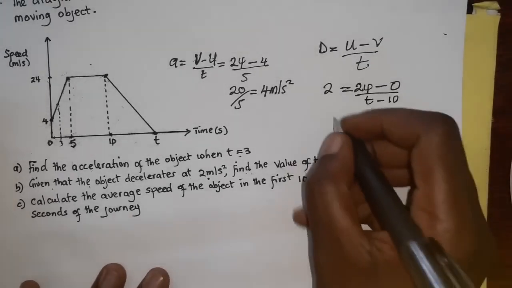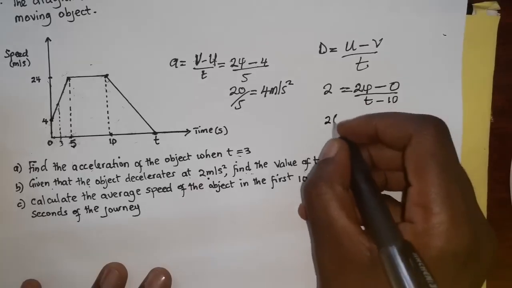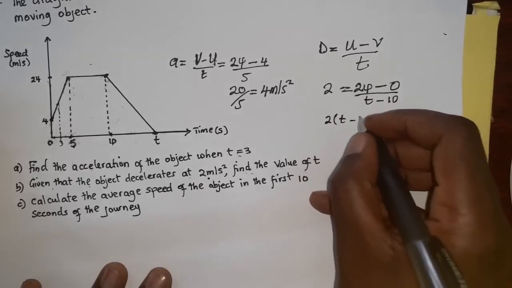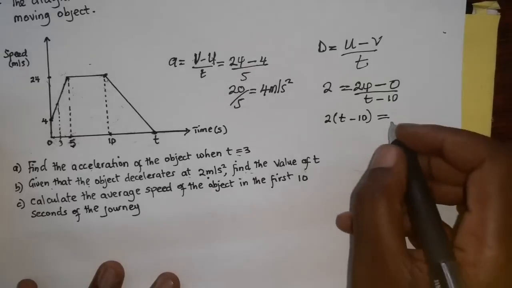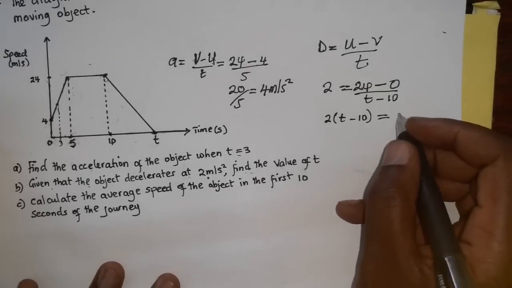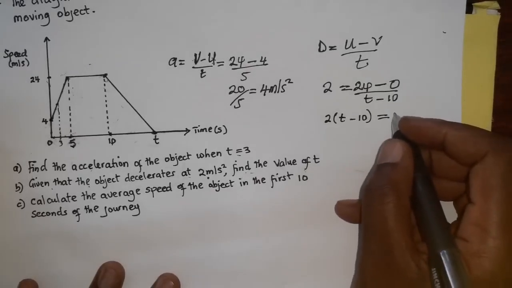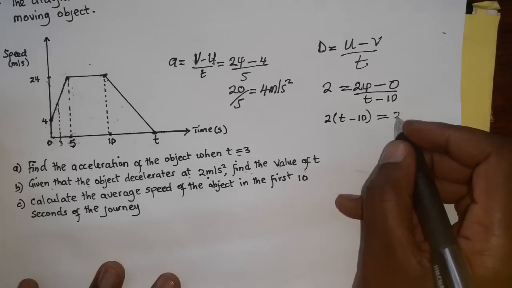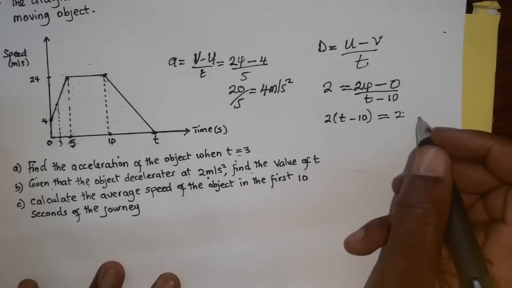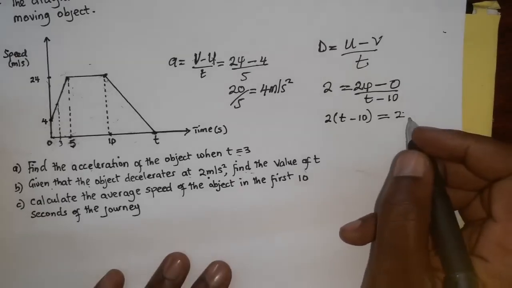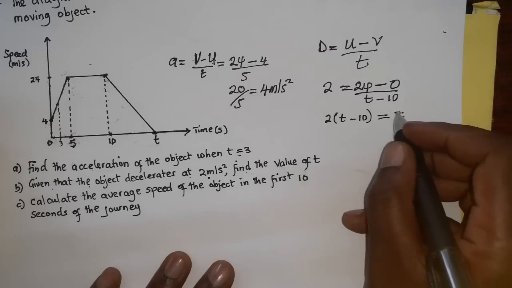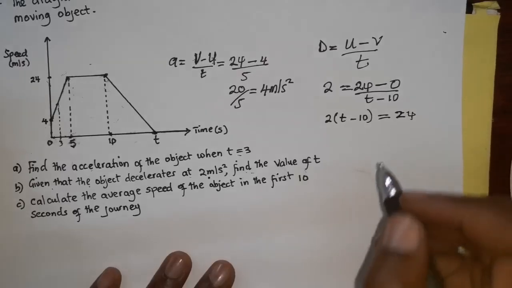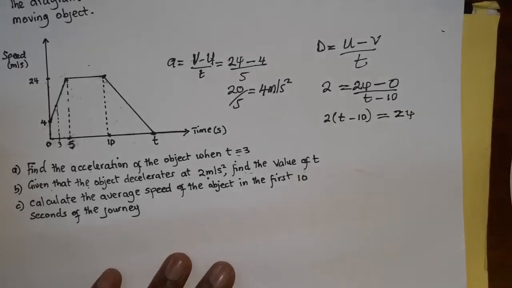From this point we can cross multiply and say 2 multiplied by t minus 10 is equal to 24. Am I right?